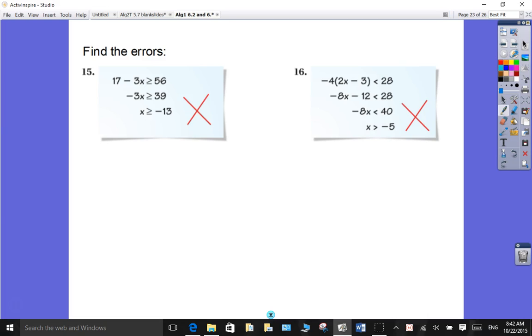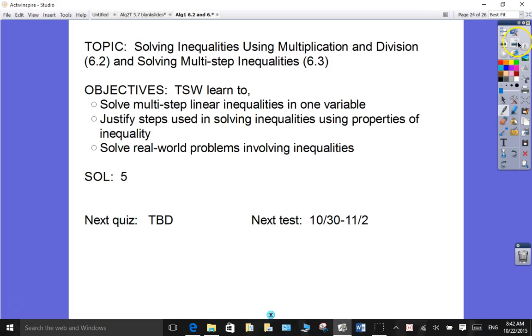When you distribute negative 4 times negative 3, it should have been a plus 12. Mistake. They're just trying to highlight the errors that students make. That's it. And they're pretty good. That's how I like it. Thankfully, that's it.